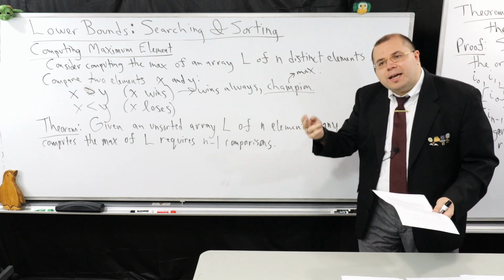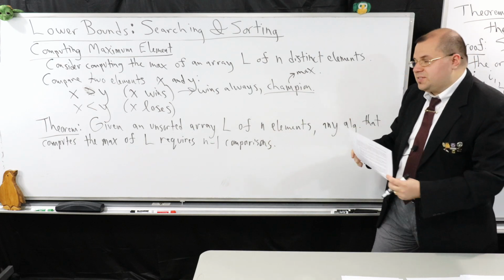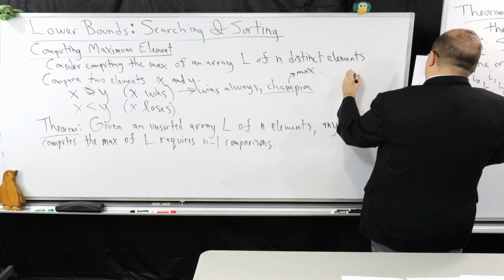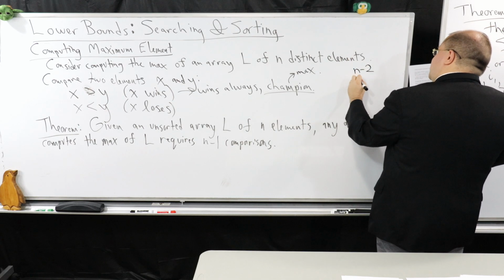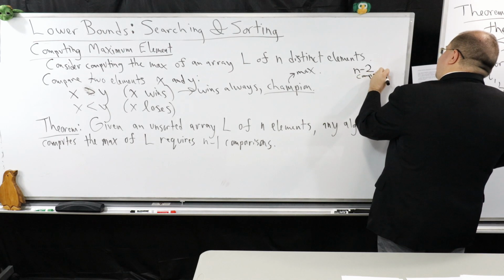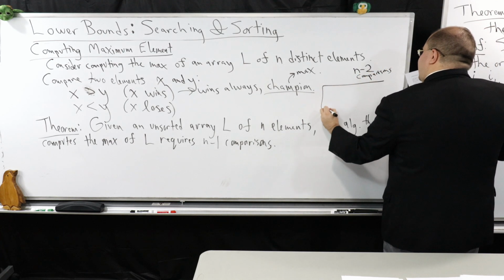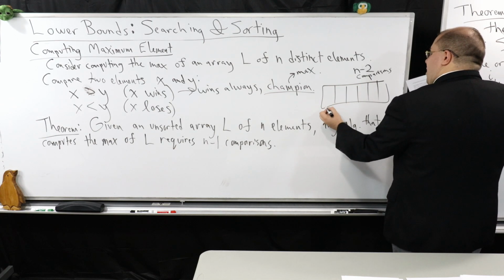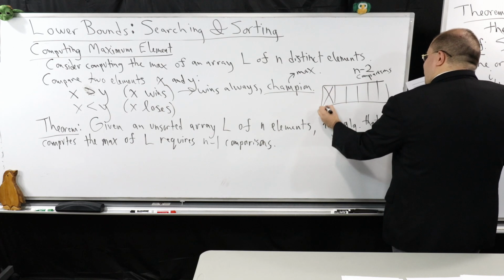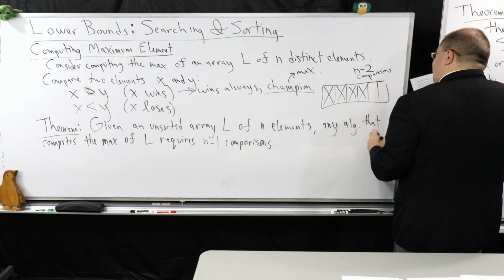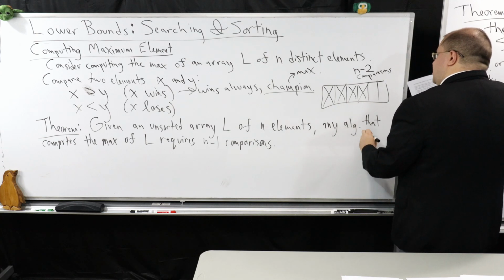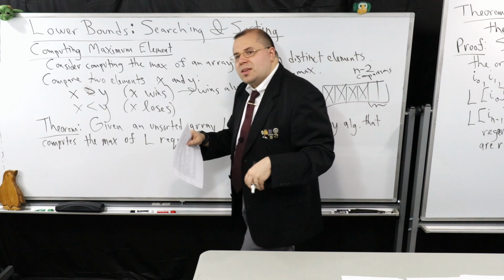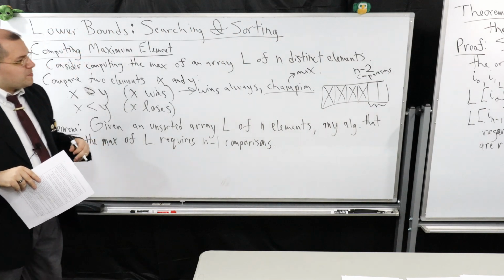Now, the idea in this proof works as follows. Suppose that you made less than n minus 1 comparisons. So suppose you have some algorithm that does, say, n minus 2 comparisons. If you think of an array like this, it'll compare the first one, the second one, the third one, the fourth one. If it does n-2 comparisons, there are going to be two elements that are still not compared at some point.